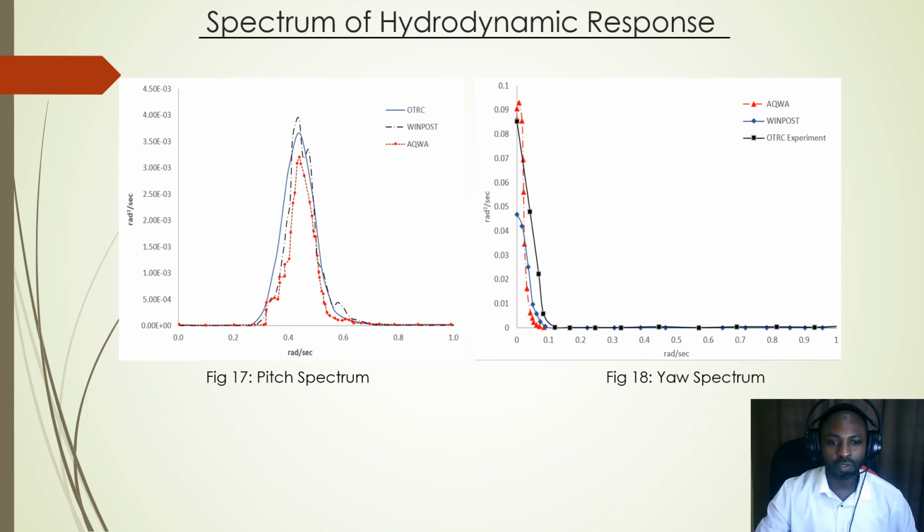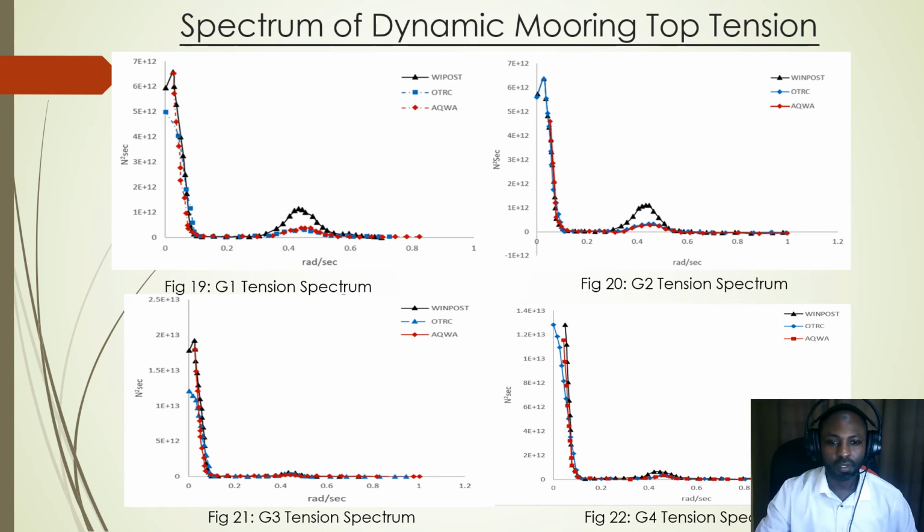And also the results you can see are well comparable with the published results. And so for the mooring tension, here we have the results for each group of the mooring lines.